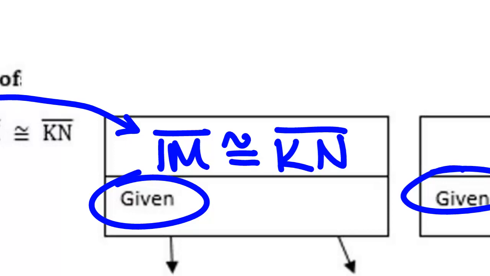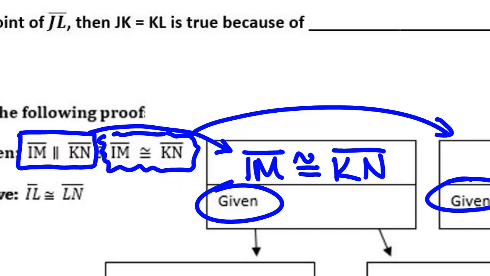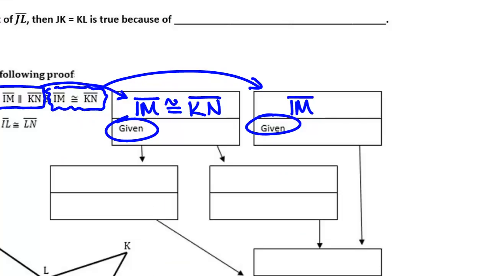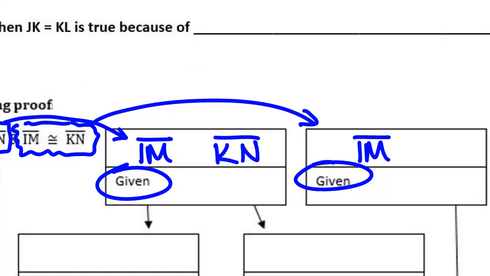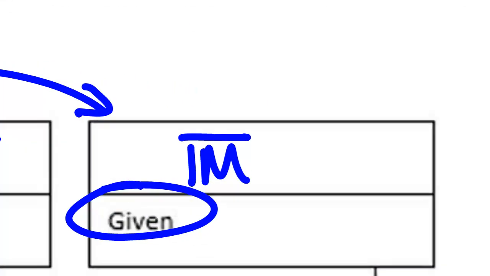And I'm going to take this piece of given information and put it over here. Oh, sorry, I wrote the wrong thing in the first box. That shouldn't say congruent. I said I was going to put the parallel in the first box. My apologies. We're putting congruent in the second box because that was the second piece of given information.